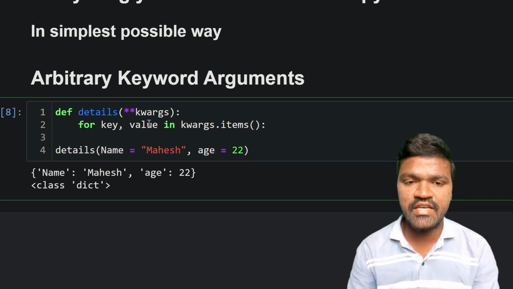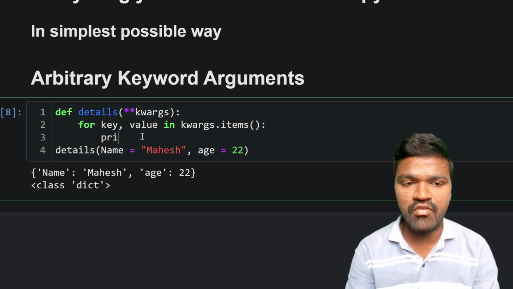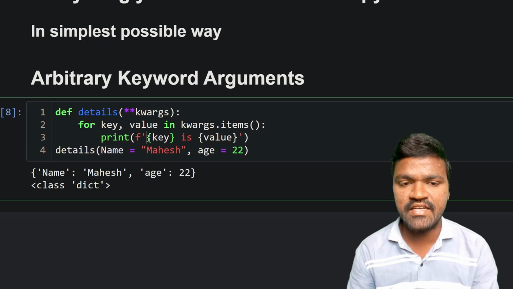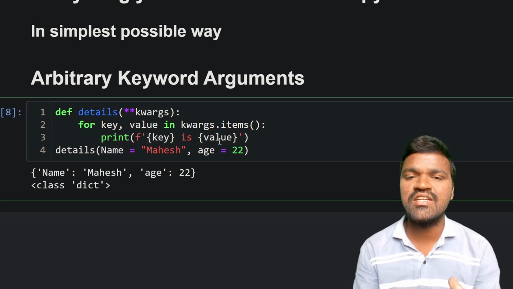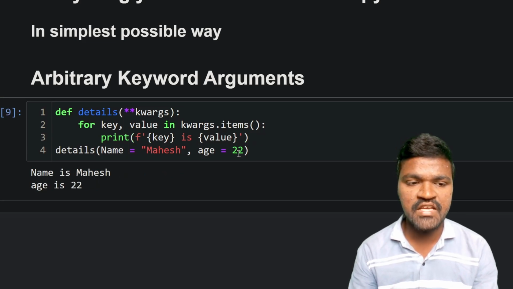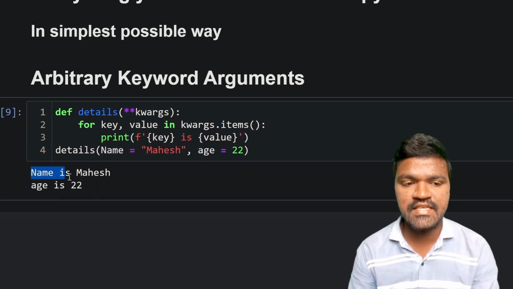Here I will print these values by using an f-string. I am mentioning this as a key here, and 'is', and I will represent it as a value here. What I am trying to do is: name is Mahesh, age is 22. That is the format that I want to get. Now if I execute this, you can clearly see name is Mahesh, age is 22.